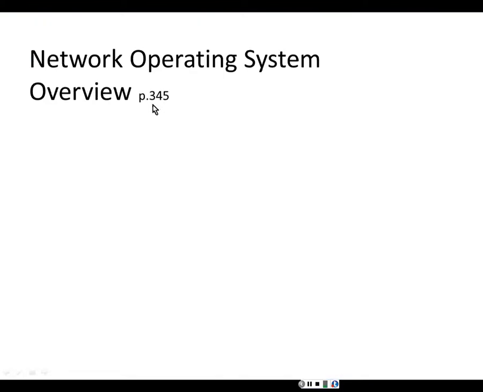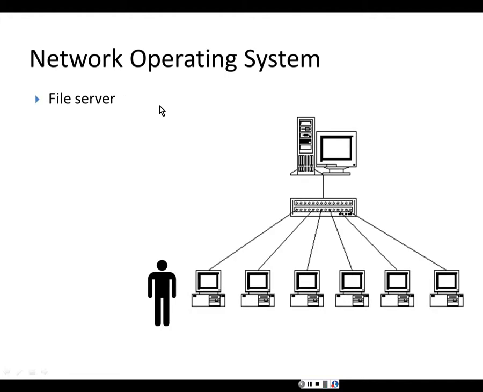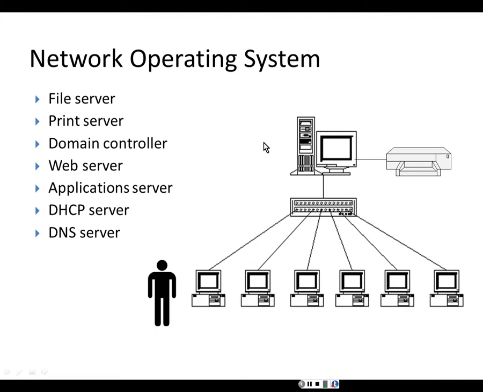Now let's go to page 345, Network Operating System Overview. As you know, a network operating system, a file server operating system, can act as a file server, but it can do other things as well. The network operating system can act as a print server, or a domain controller, or a web server, or an application server, or a DHCP server, or a DNS server.